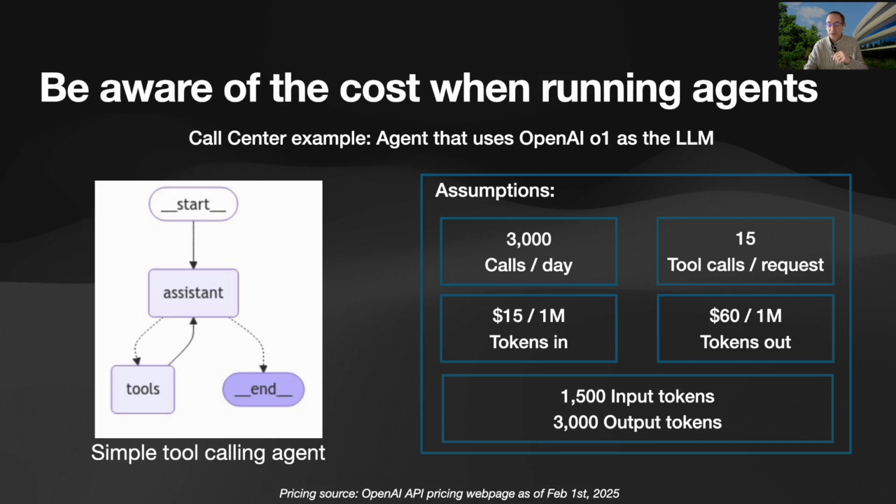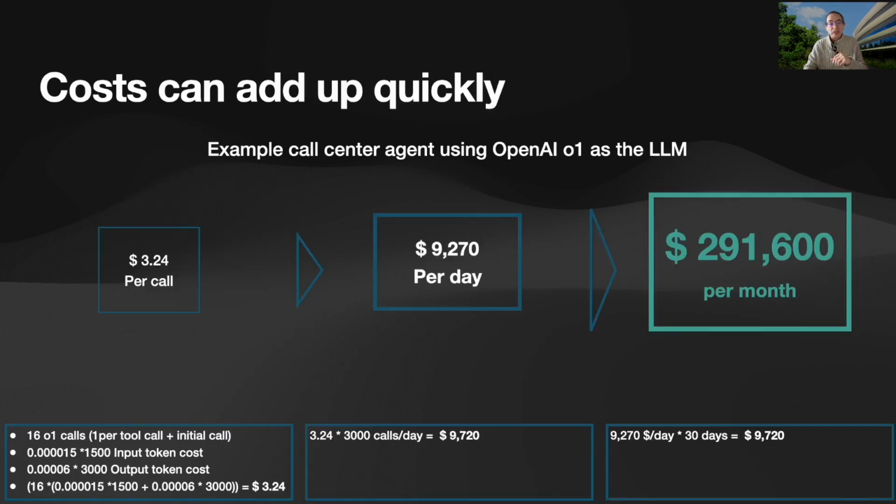It sounds like it shouldn't be much. But once you do the math, and the math is at the bottom if you wanted to take a look at it, we won't discuss it here, it comes out to $3.24 per call, which turns into $9,270 per day, and in turn is almost $300,000 per month.